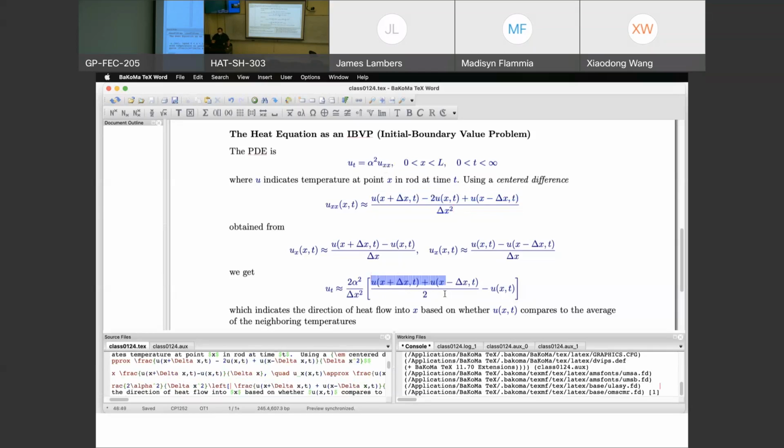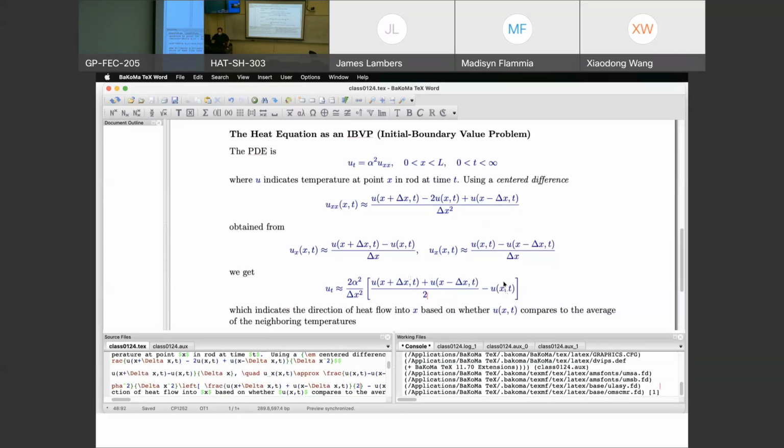Here I have the average of u at neighboring points, so x plus a little bit, x minus a little bit. And then here I have minus u of x, t. So what we have here is the difference between u of x, t and the average of its values at neighboring points.